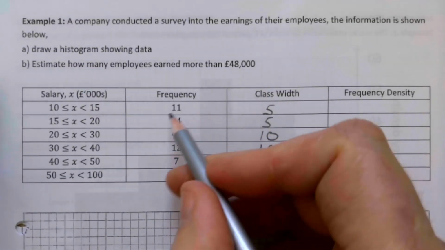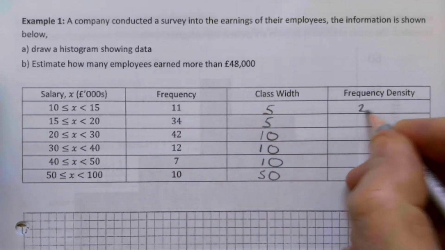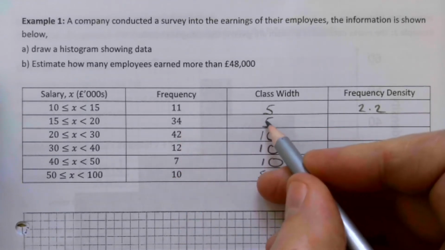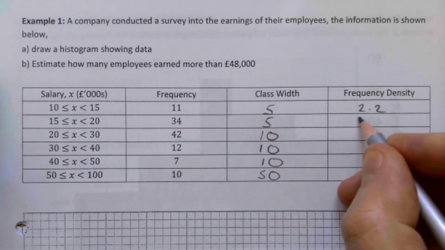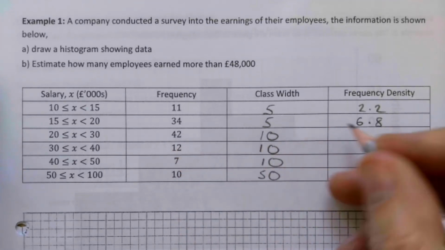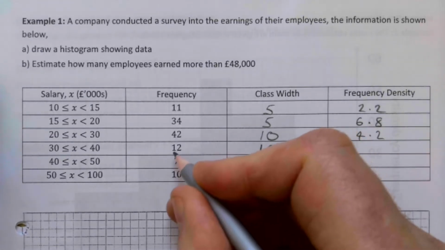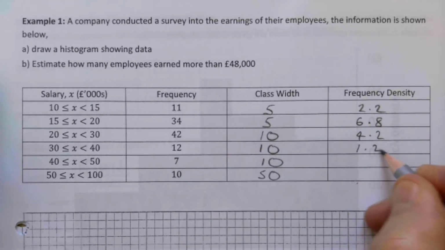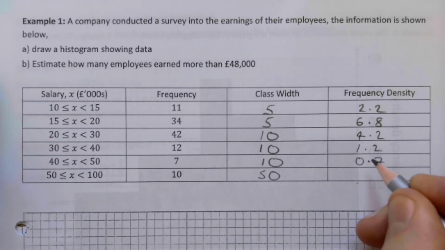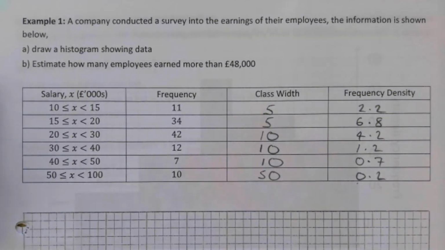So 11 divided by 5 is going to give us 2.2. 34 divided by 5 is going to give us 6.8. 42 divided by 10 is 4.2. 12 divided by 10 is 1.2. 7 divided by 10 is 0.7. And 10 divided by 50 is 0.2.